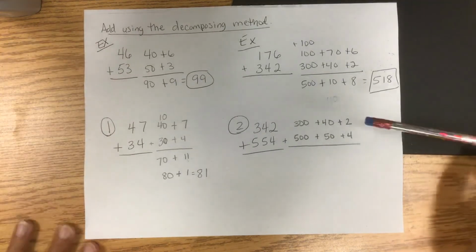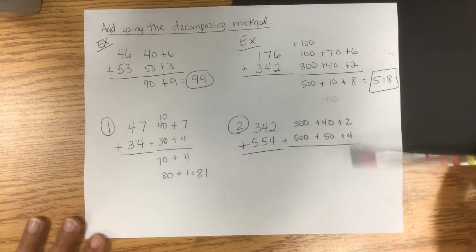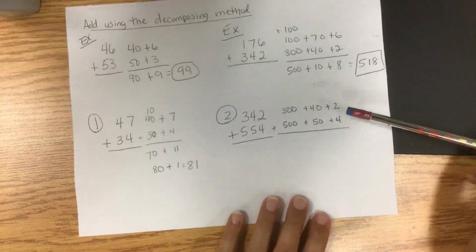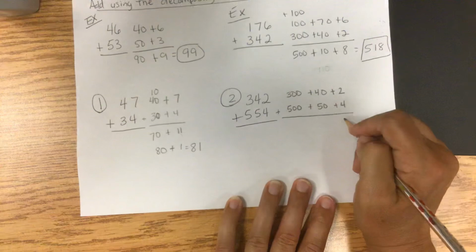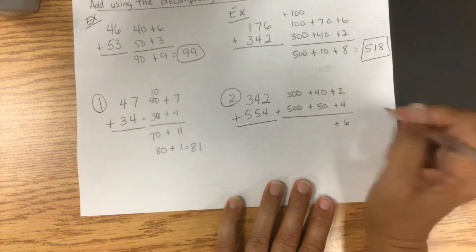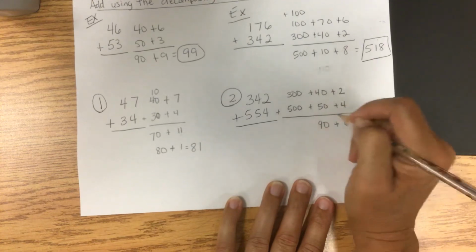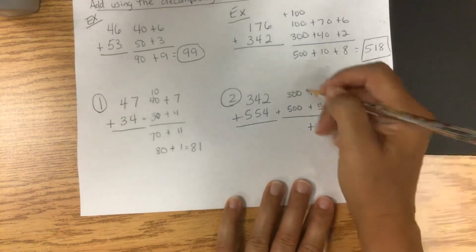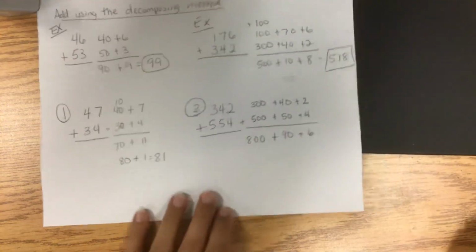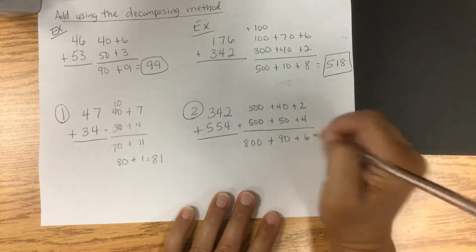Now it's a lot easier, right, to add your tens separate from your ones, separate from your hundreds. So let's go to our ones place. 2 plus 4 is 6. Bring down your plus sign. 50 and 40 are 90. Bring down the plus sign. 300 plus 500 is 800. And we're going to put equals.